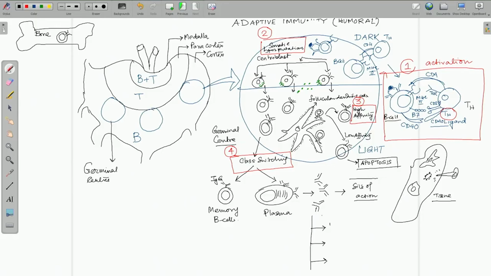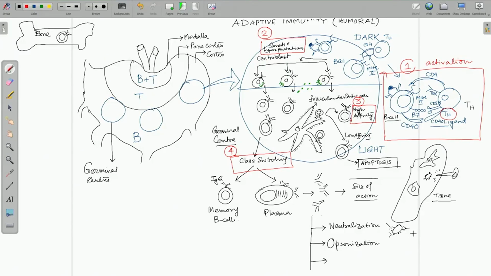They can do neutralization, that means they can directly interact with the antigens on the surface of the pathogen. So, they can neutralize the pathogen directly. They can also perform opsonization.